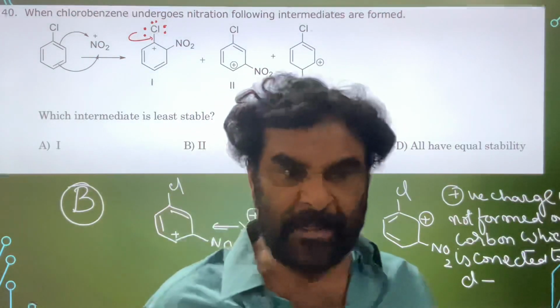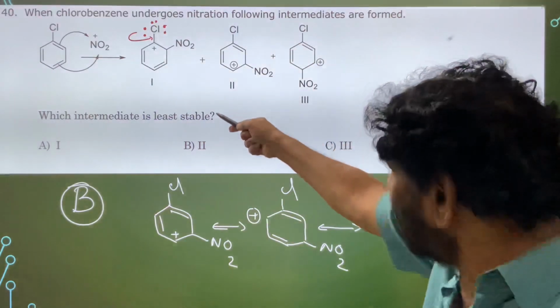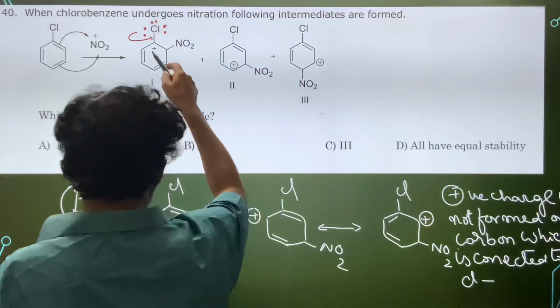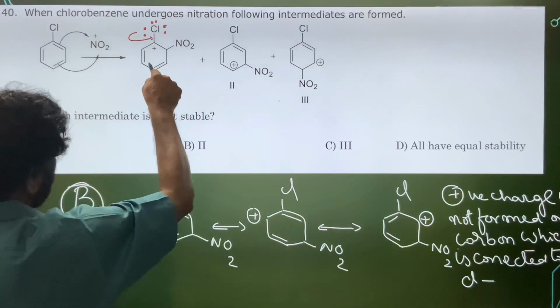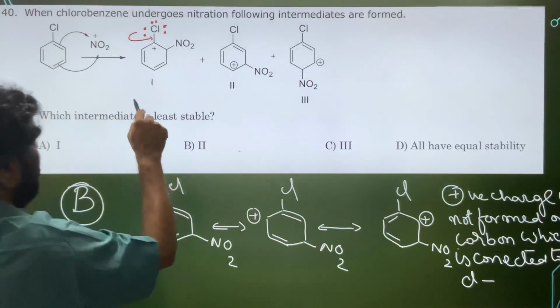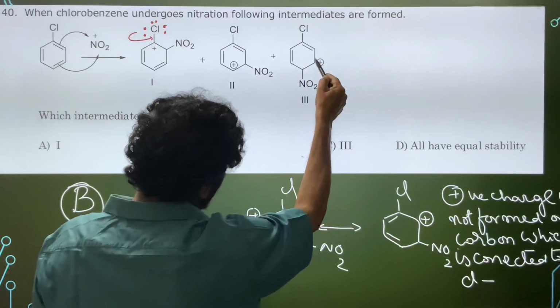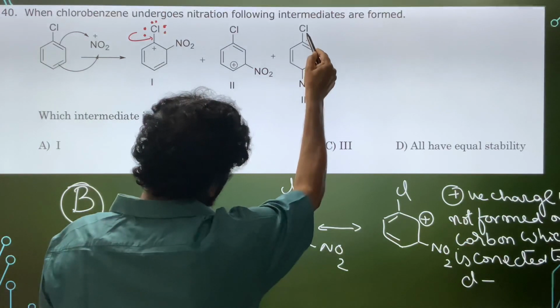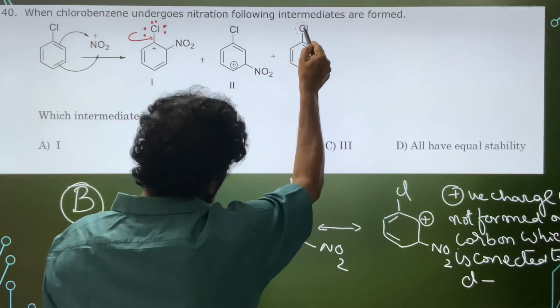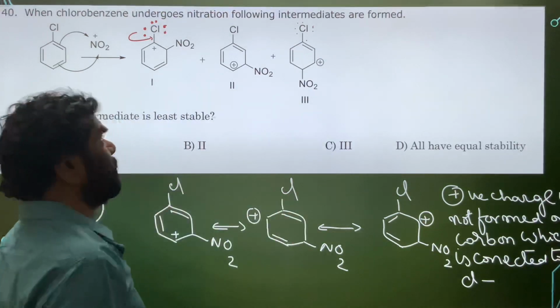Lone pair is present on the chlorine, back bonding is possible, so that is stabilized. Then this can shift and this can shift. Here this can shift like this, and again positive charge is formed. The lone pair of the chlorine can stabilize the carbocation.